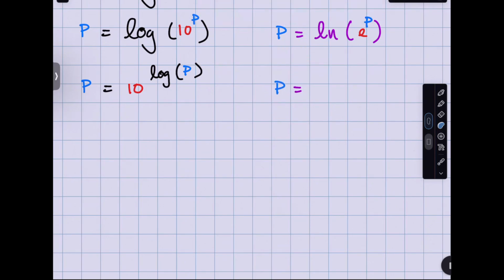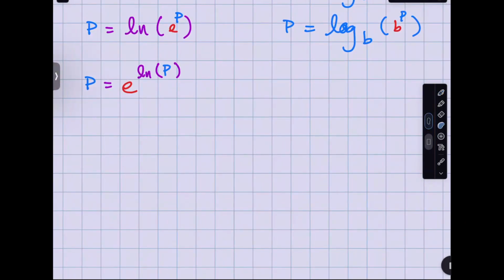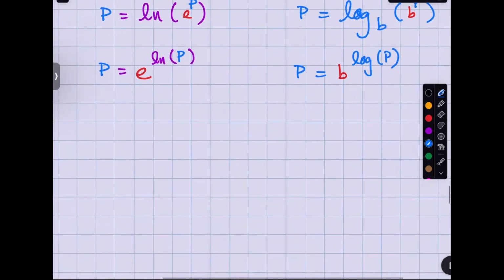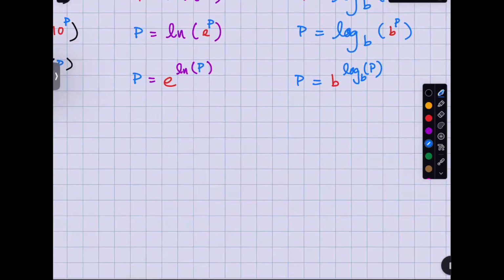So what would this be? Very good. And what would this be? Raised to the power of? Oops. Got to put the base in there, right? Log base b of p.